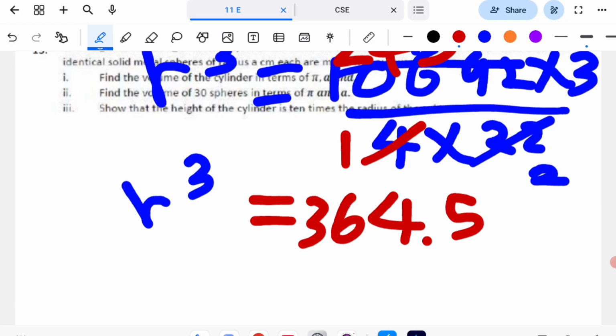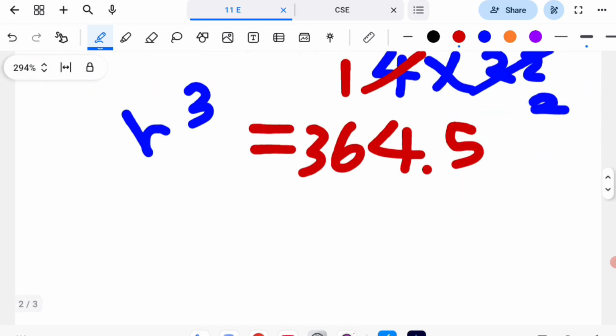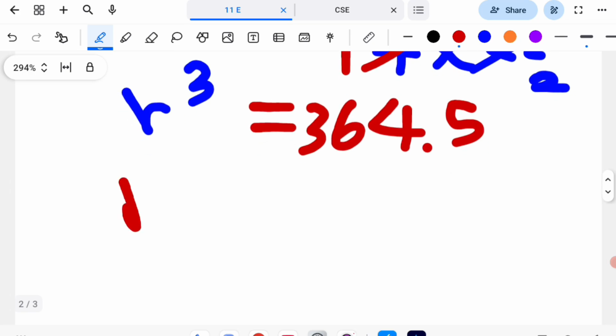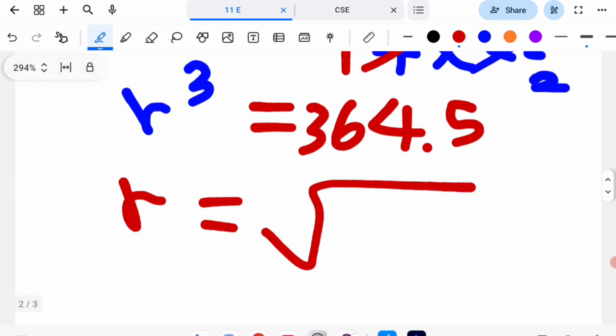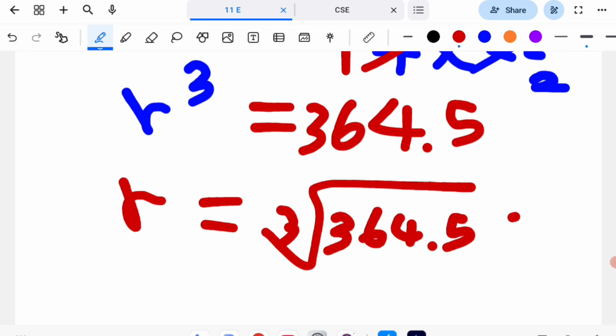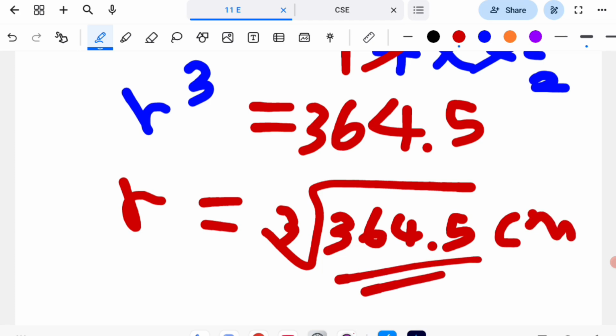Now we have to get the third root of 364.5. r is the third root of 364.5 centimeters. Now I will not simplify it, but you can simplify it by using logarithms.